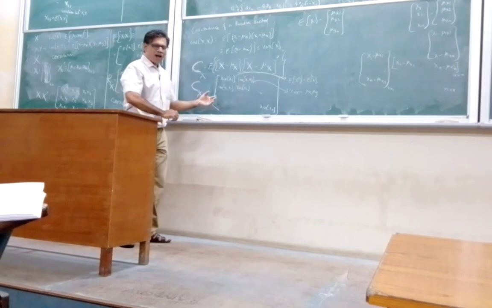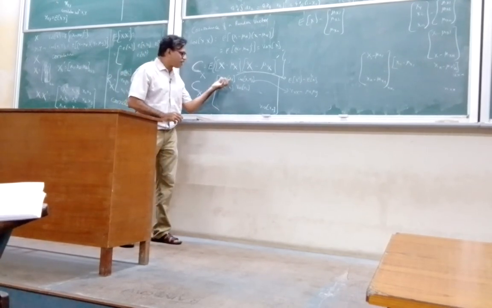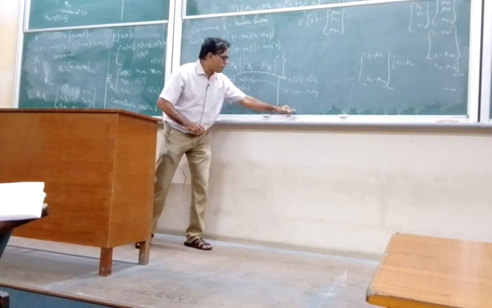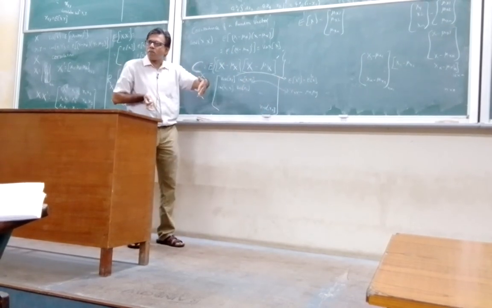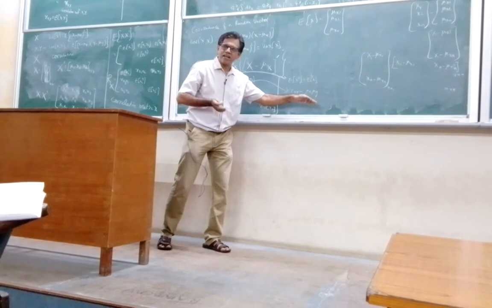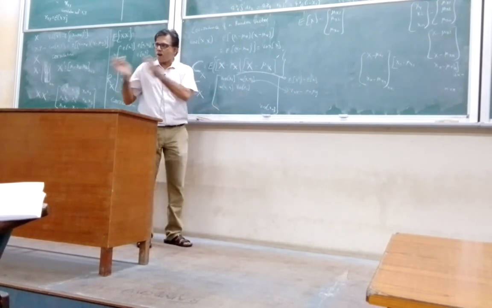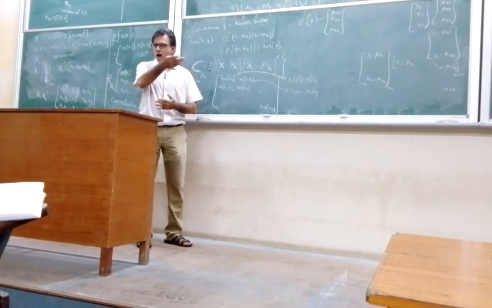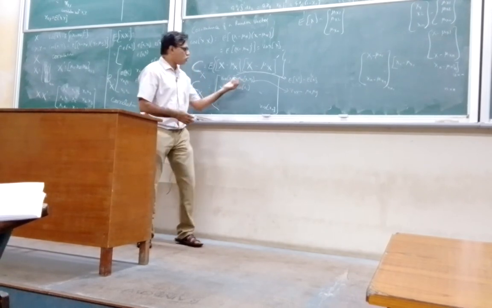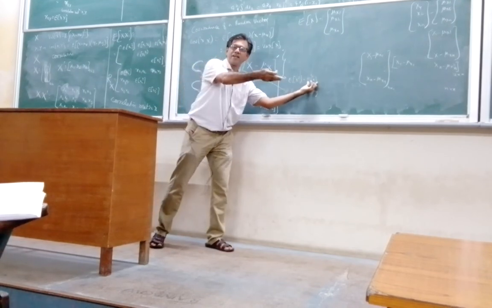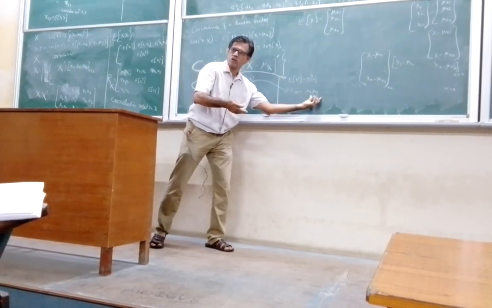So I can write this: each one is one term subtracted from another. The first component I can take out and put in one matrix, and the second component I can take out and put in another matrix, and write this as one matrix minus another matrix. Component wise I will get it multiplied.